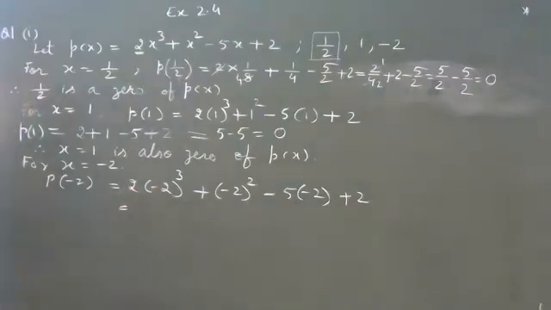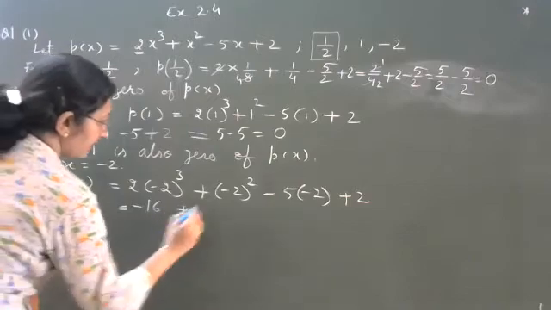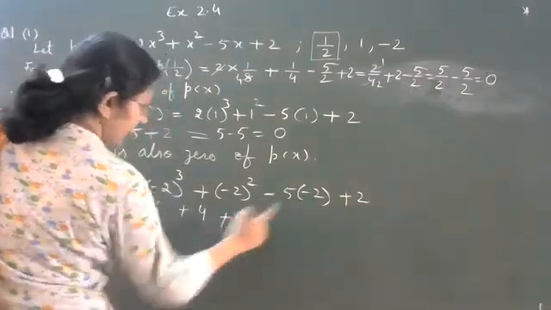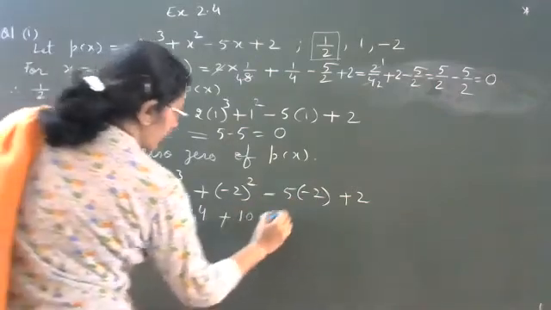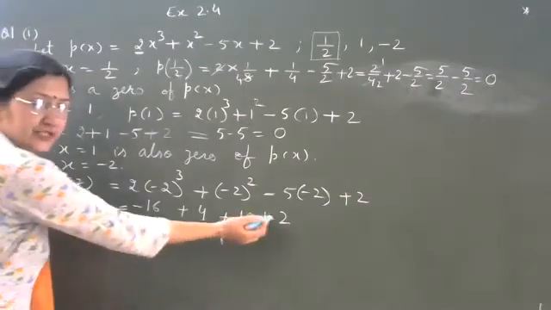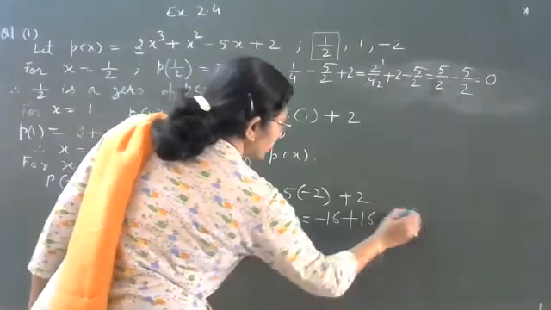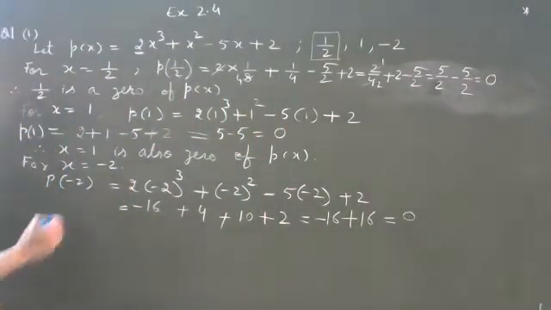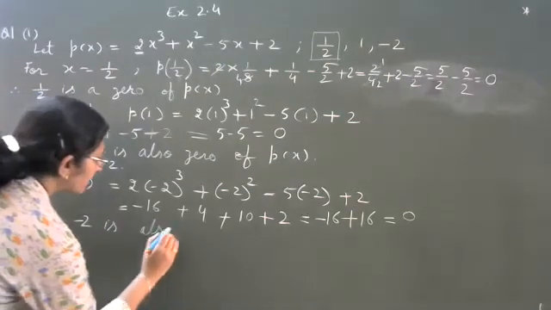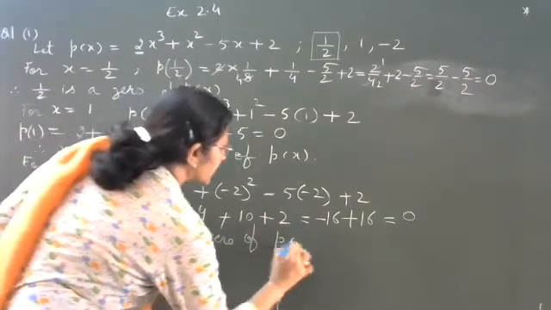So it will be (-2) cube is -8, into 2, minus 16, plus 4, minus minus 10, here it will become plus 10, plus 2. Now here 10 plus 4, 14, plus 2, 16, minus 16, minus 16 plus 16 is equal to 0. So therefore -2 is also a zero of p(x).